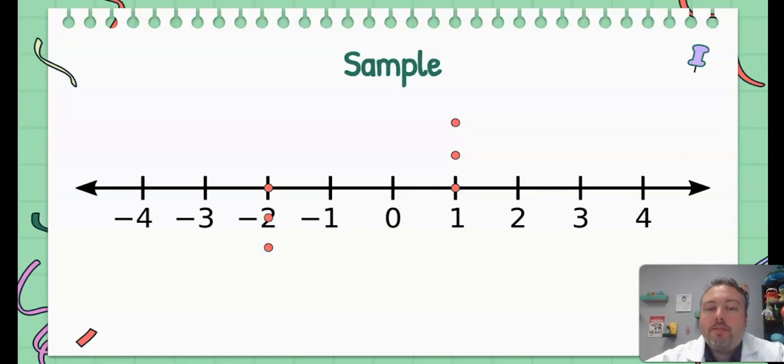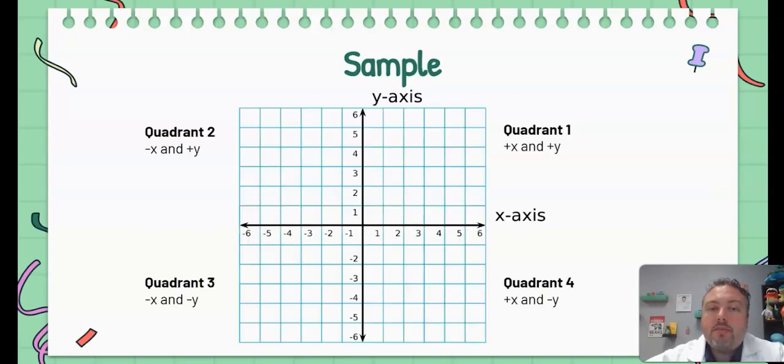And as I start to see points that end up above and below the line, I'm no longer just looking at points along one direction. I'm now looking at points along 2 directions. So now we have to bring in another number line in order to help us with distances above or below the number line. And that's when we get to the coordinate plane.